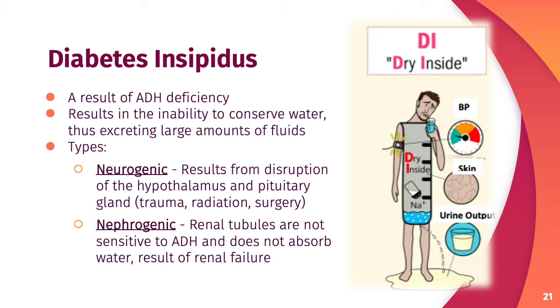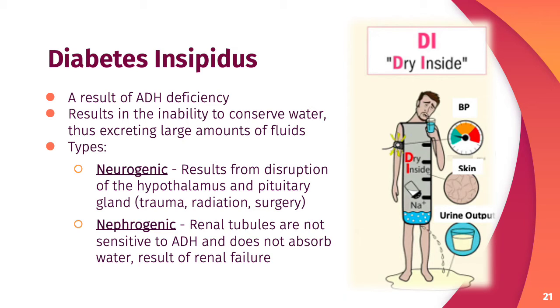Now, the opposite of SIADH, the hypofunction or deficiency of ADH, is diabetes insipidus. In the drawing, I hope you can easily remember what diabetes insipidus is because you are dry inside, or DI, which is dry inside. This results in the inability of the body to conserve water, thus excreting large amounts of fluids.